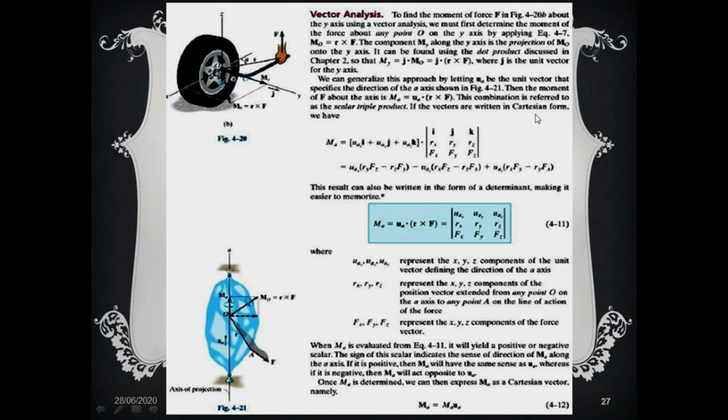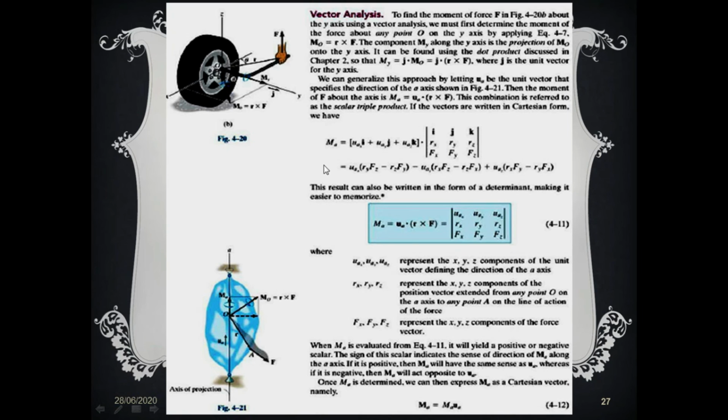If the vectors are written in Cartesian vector form, again, if you write these vectors in Cartesian, the unit vector uA will have three components: uAx i plus uAy j plus uAz k. Then you have a dot, and r cross F can be written as this determinant: i j k, rx, ry, rz, Fx, Fy, Fz.